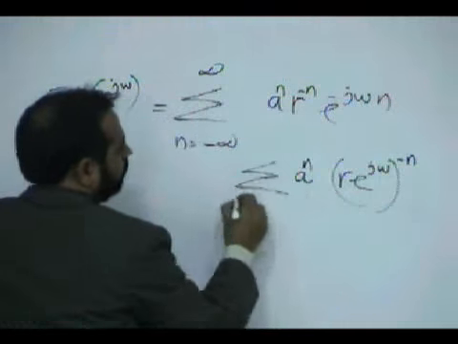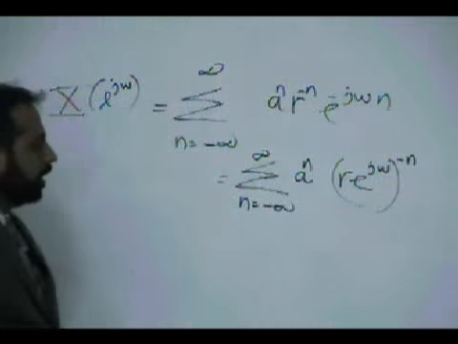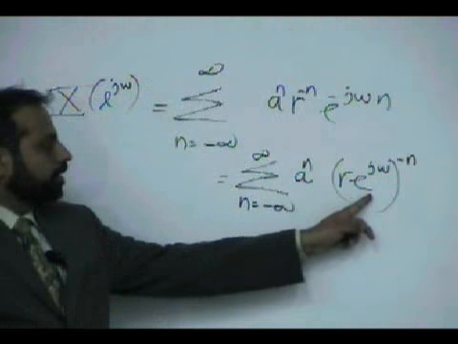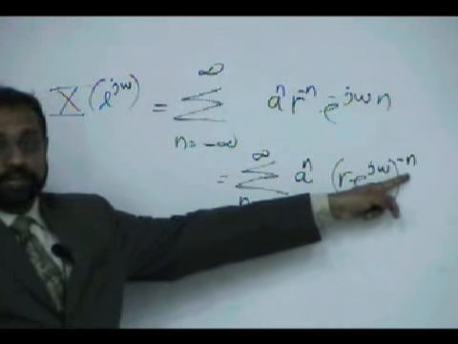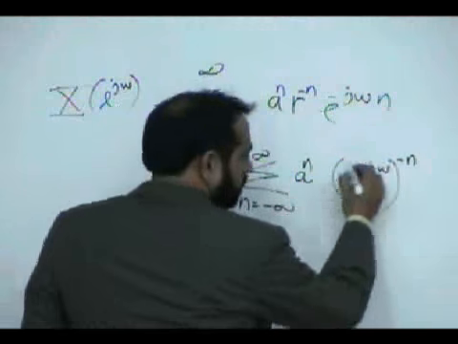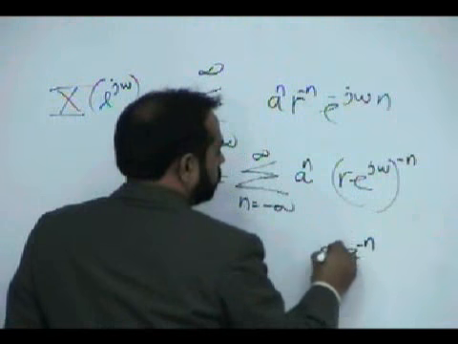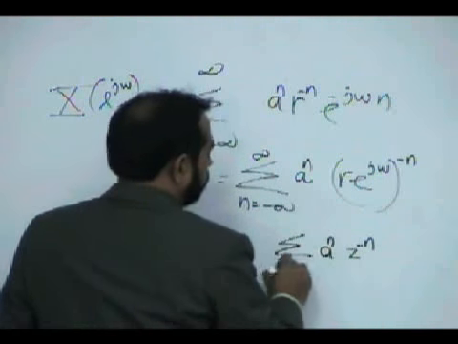And we call this term inside the bracket z to the power minus n, and this is what the Z transform is.